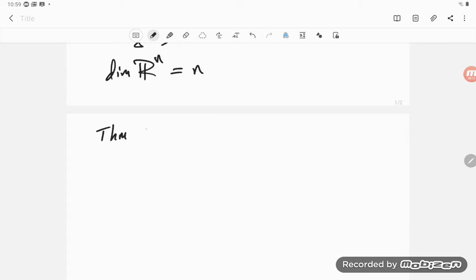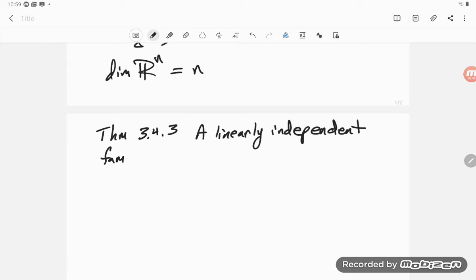Okay, so then with that, we have the last theorem of this section, 3.4.3, and it says a linearly independent family of m vectors in, they use the field F, so we could say Rm. Oh, wait, I'm sorry, I can't read again.